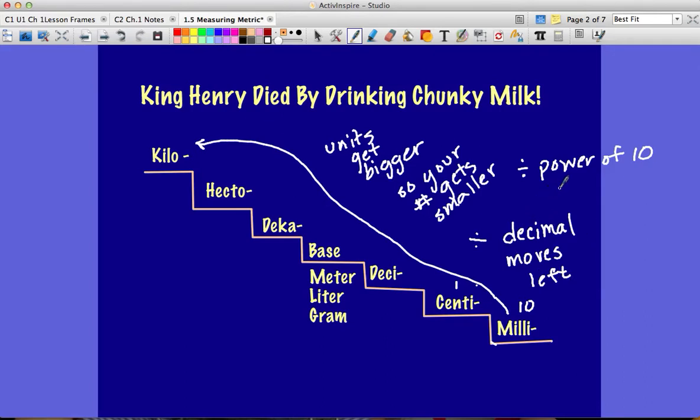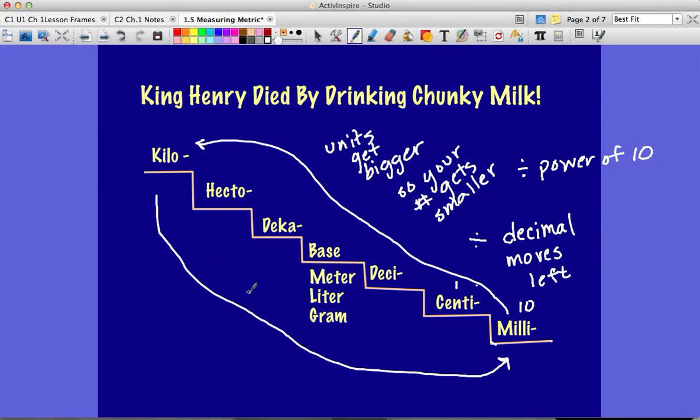Because we don't have to divide by 5 or divide by 3 or 12. We can just divide by a power of 10, and since our decimal system is powers of 10, it makes converting much simpler. All right, so now let's say that we're going to go down the stairs.